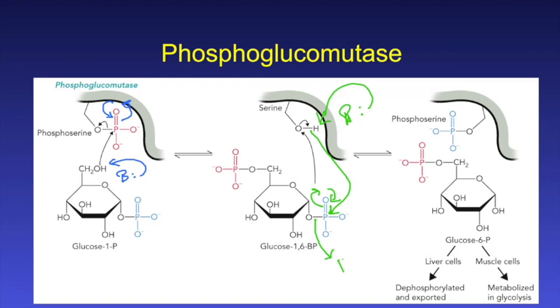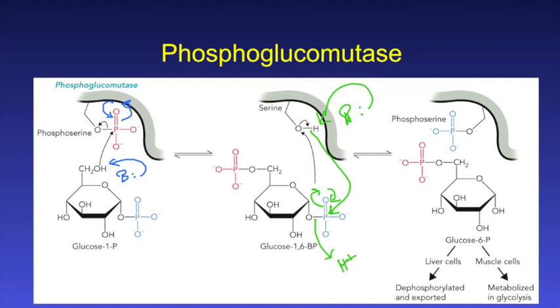I will pick up a proton to make the glucose 6-phosphate. These are in equilibrium, and depending upon where you need to be driven, you can make the glucose 1-phosphate go to glucose 6, or we can even take glucose 6-phosphate and make it glucose 1, and we will see that when we do glycogen synthesis.